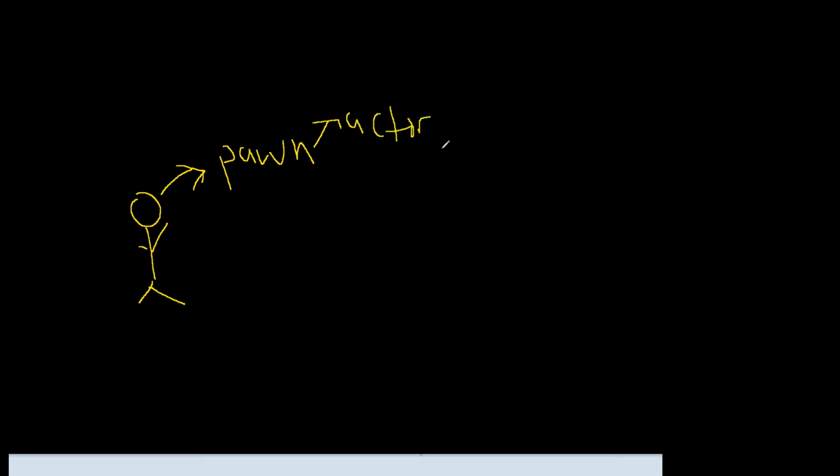What we want to do is get the controller, because the pawn is controlled by a controller. And if we know the controller, the player state is going to sit from the controller here.